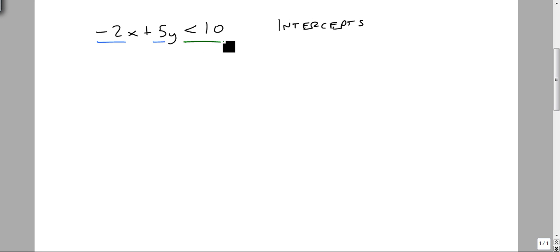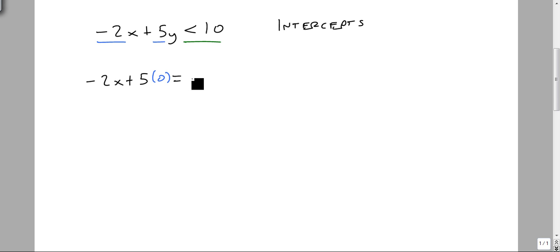So suppose we have minus 2x plus 5y is less than 10. Now I'm going to choose to graph this by intercepts because I see that the minus 2 and the 5 both evenly divide into 10. So we'll start by saying minus 2x plus 5 times 0.